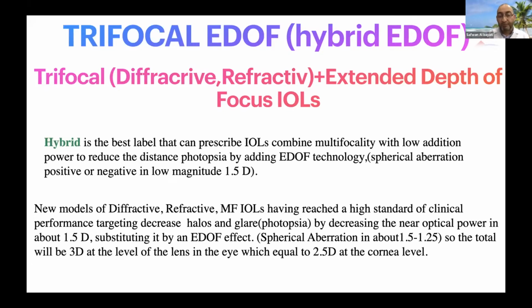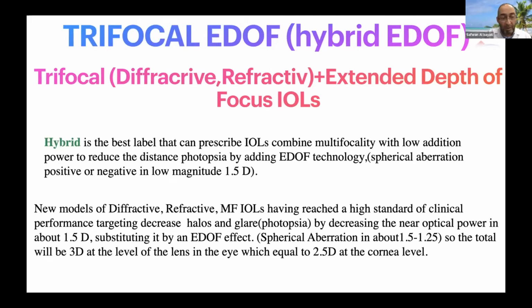So the new models of diffractive, refractive, multifocal IOLs have reached a high standard of clinical performance, targeting decreased halos, glare and starburst, as Dr. Yassin said, by decreasing the near optical power by about 1.5 diopter for their technology, refractive or diffractive, and substituting it by an EDOF effect, spherical aberration, of about 1.5, 1.25.